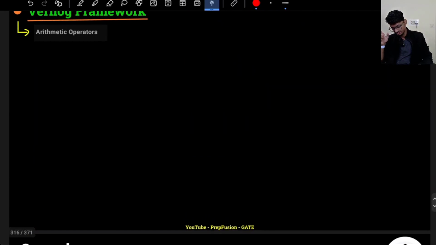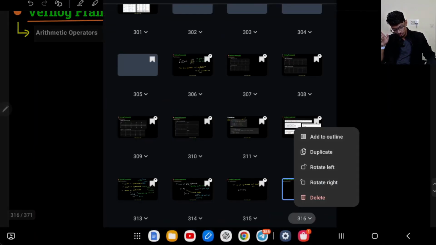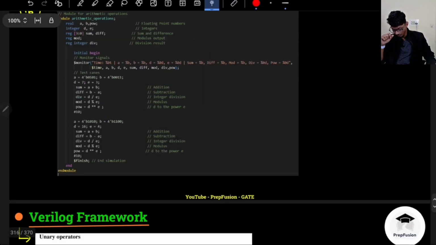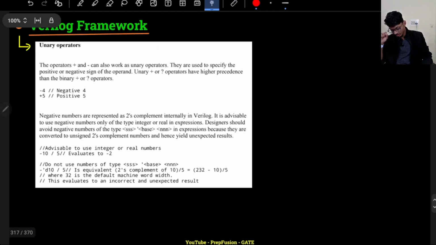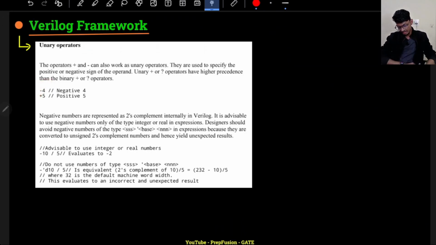The plus and minus can also work as unary operators. So just like this, minus 5 and plus 5 are unary operators.